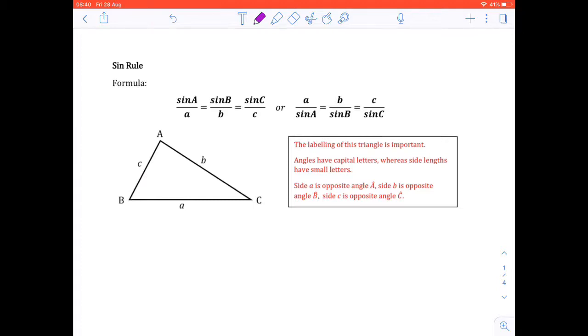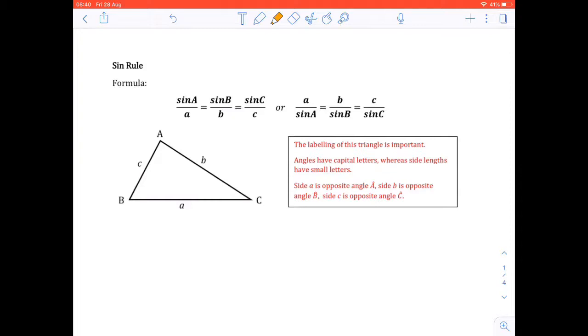And we use this base triangle to show the different rules and represent them. What's important about this triangle is that the labeling is very important. So the angles have capital letters, whereas the side lengths have small letters.